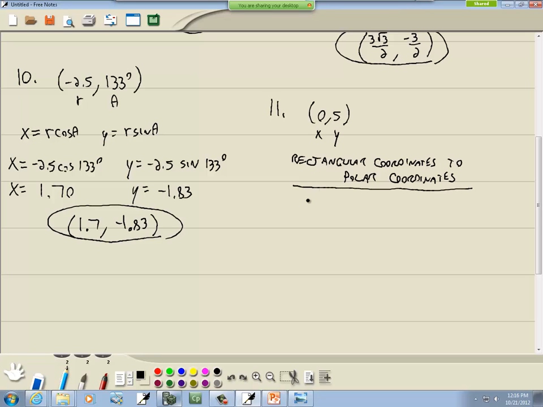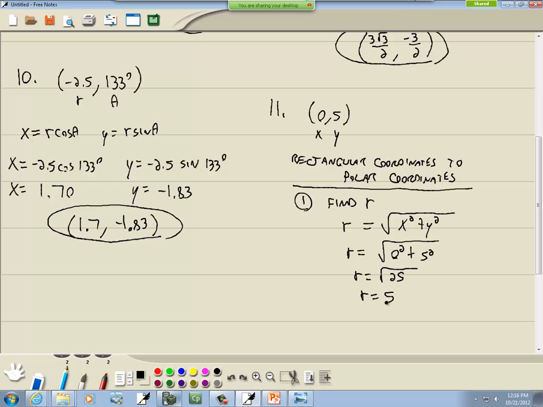So first step is to find r. So r is going to equal the square root of x squared plus y squared. So r is equal to the square root of 0 squared plus 5 squared. 0 squared drops away. 5 squared is 25, and the square root of 25 is 5.